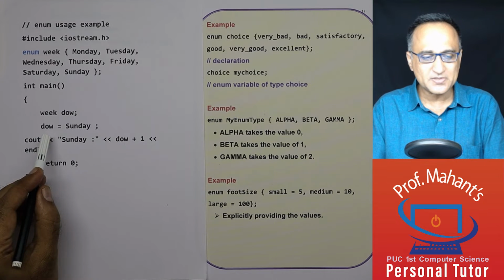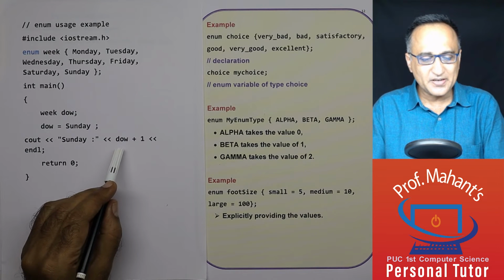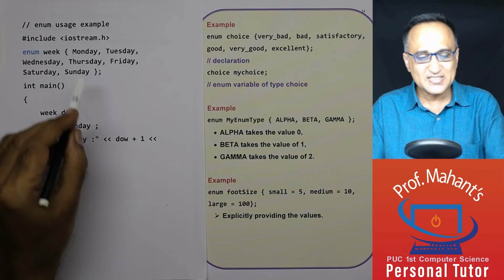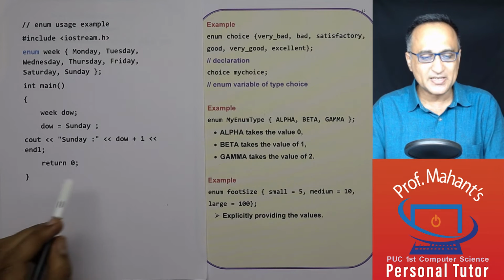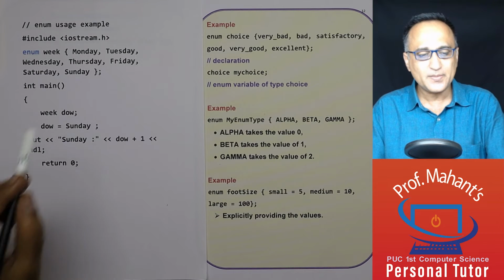I hope you're getting what I'm saying. Now when I print DOW, it will print 6 plus 1, which is 7. Since I am starting from 0, giving the value 0 to Monday doesn't make sense to common people. That's why I'm printing everything by adding 1 to it, and this ends the program.